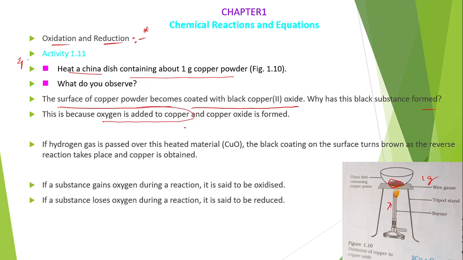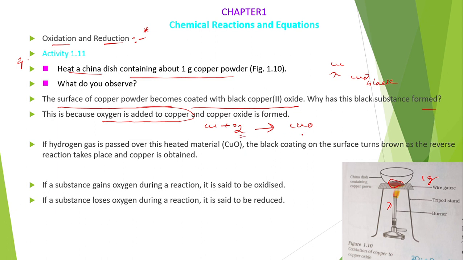So actually it is pure copper. If you heat this in the presence of oxygen, it will become CuO. This is black in color, black in nature. So how has it happened? Chemical equation: Cu plus O2 gives CuO.